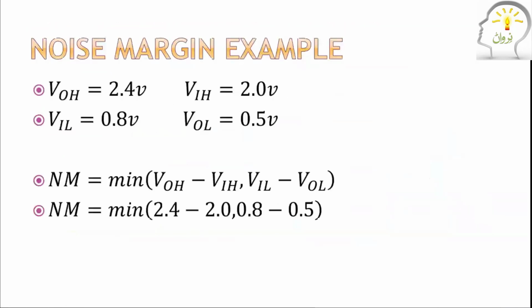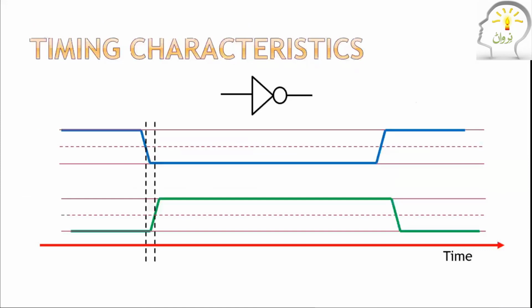Okay, so normally some technologies are faster than other technologies. So if you buy gates of two different technologies, their propagation delay times will be different, and even two gates of the same technology may be slightly different.